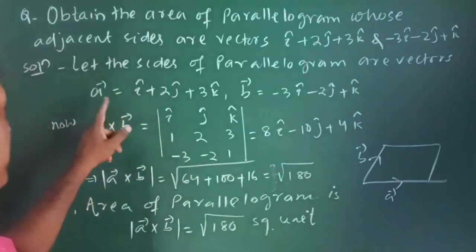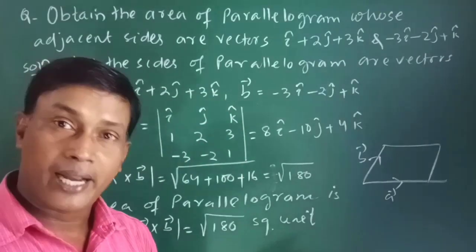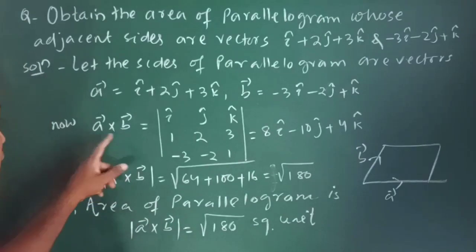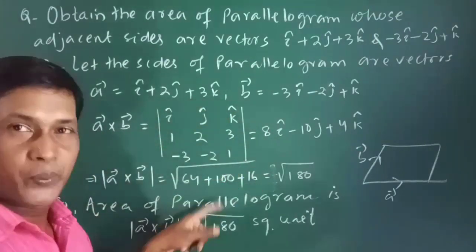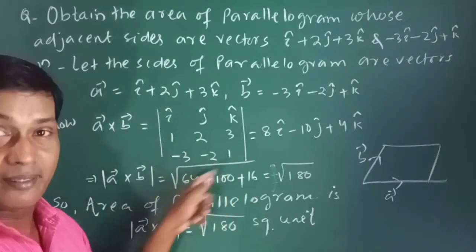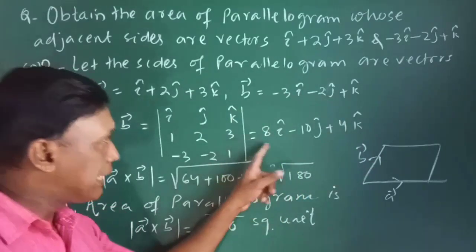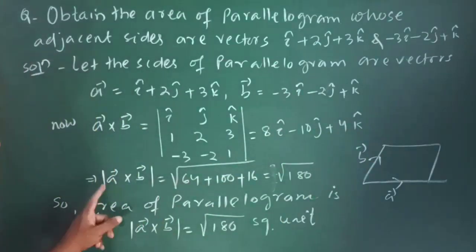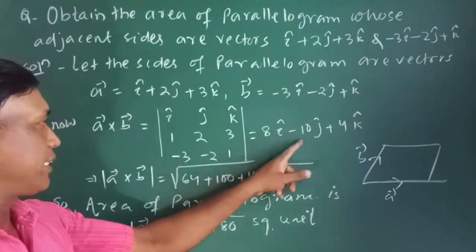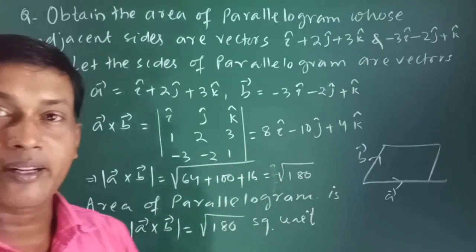Simple thing. If A vector is this, B vector is this, and these two vectors represent the sides of a parallelogram, then first find A cross B. A cross B in determinant form: i j k, components of A vector, components of B vector. Solving this determinant, you will find this is A cross B vector. Then the magnitude of A cross B is root over of 8 squared 16, 10 squared 100, 4 squared 16, and this is root over of 180.